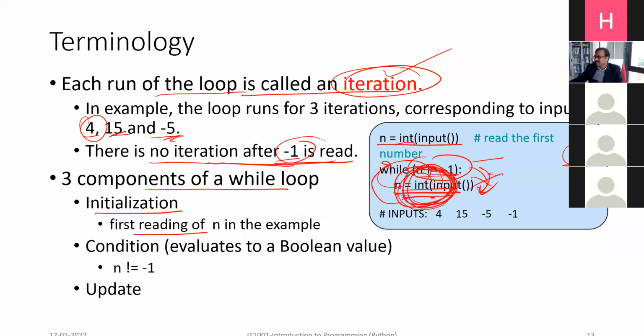If it is not getting updated, then the loop will obviously not terminate. So here we are reading it, and we are checking i equal to 1 also. That is the initialization part. Then we have the condition, which is this part. And then we have this update, which is the body part. So there are 3 components of the while loop.